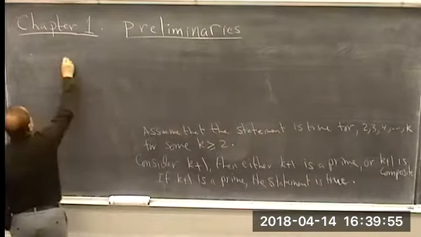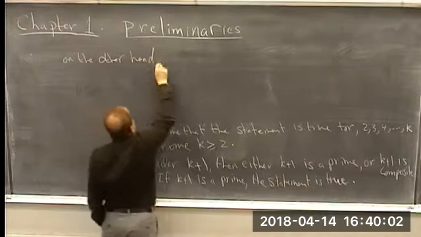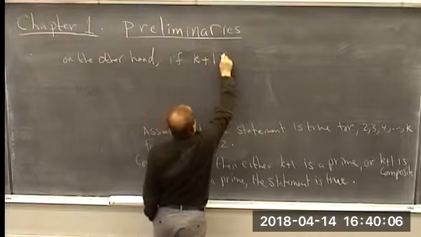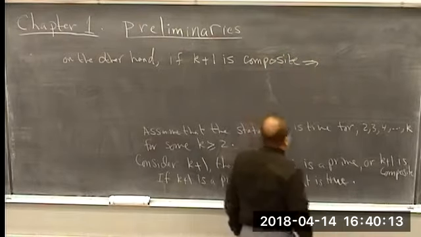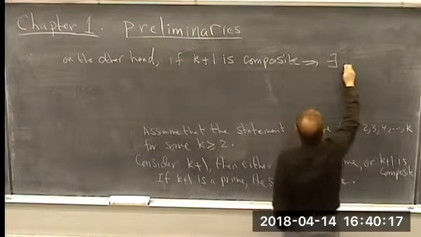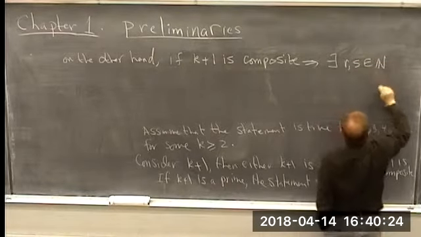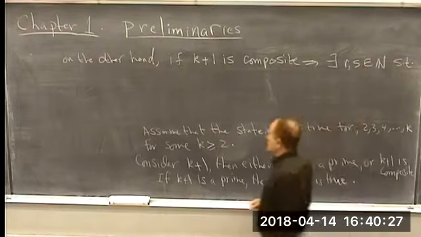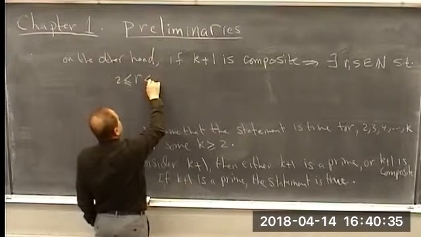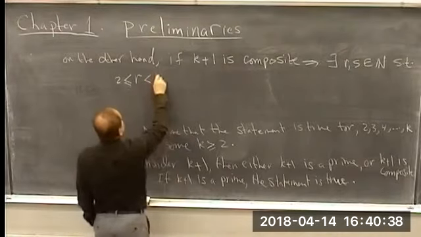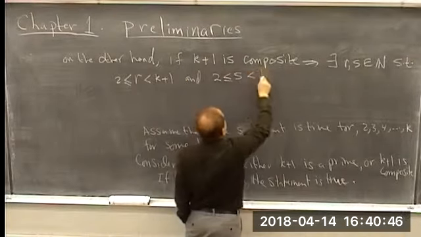On the other hand, if k plus 1 is composite, by definition of composite, this implies there exist R and S, natural numbers, such that R is bigger than or equal to 2 and less than k plus 1, and 2 is less than or equal to S, which is less than k plus 1.